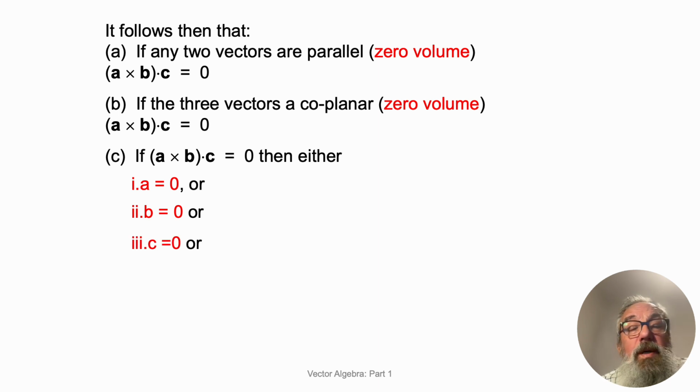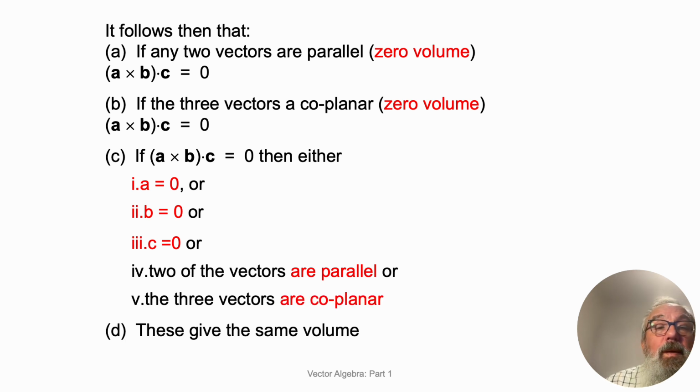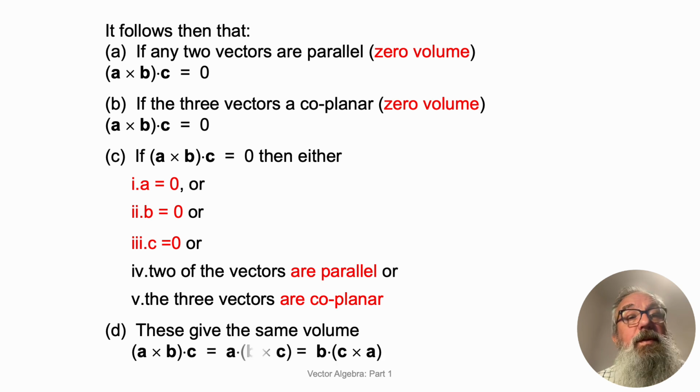So there are several situations where we could get 0, such as two of the vectors being parallel. They give the same volume of 0. So you need to check that we don't have any zeros or parallel vectors, or indeed three coplanar vectors.